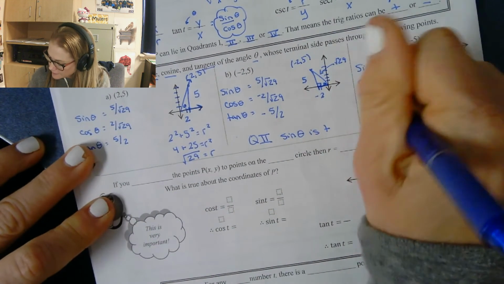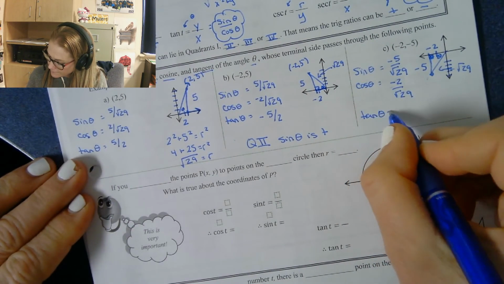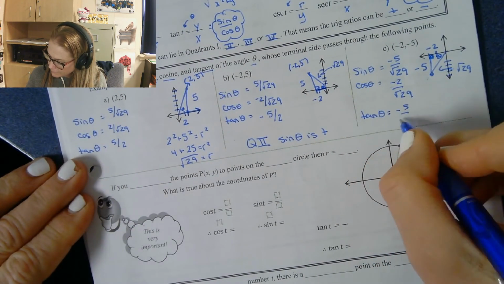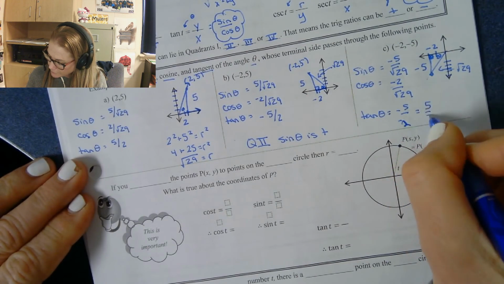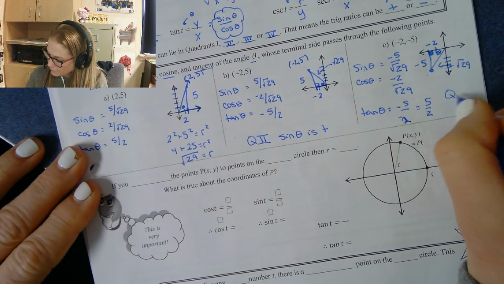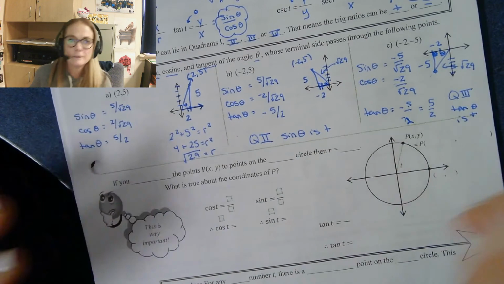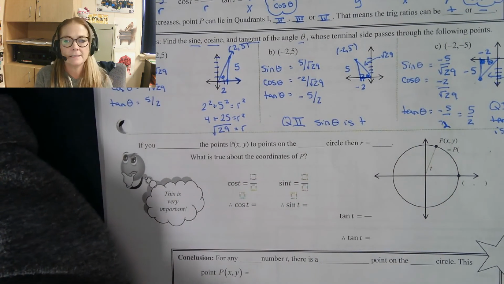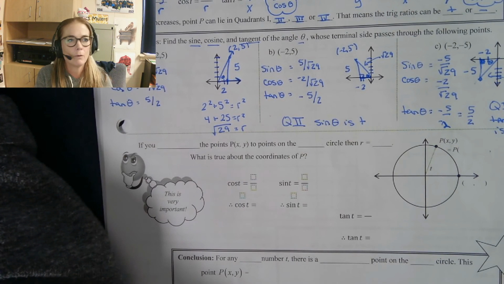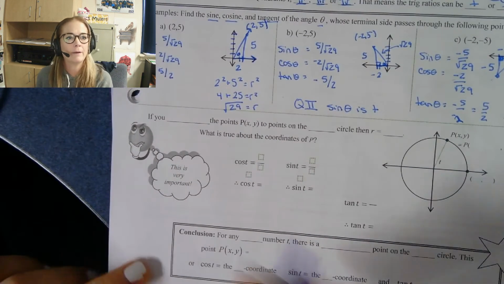And then tangent of theta is negative 5 over negative 2, which is 5 over 2. So note, in Q3, tan of theta is positive. This is something we're going to memorize when it comes to the signs of trig functions in particular quadrants.